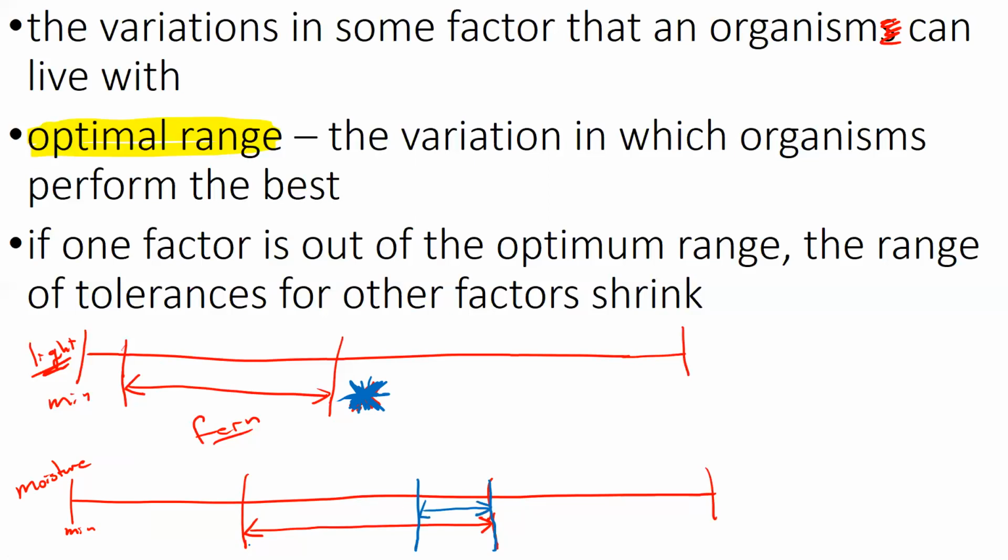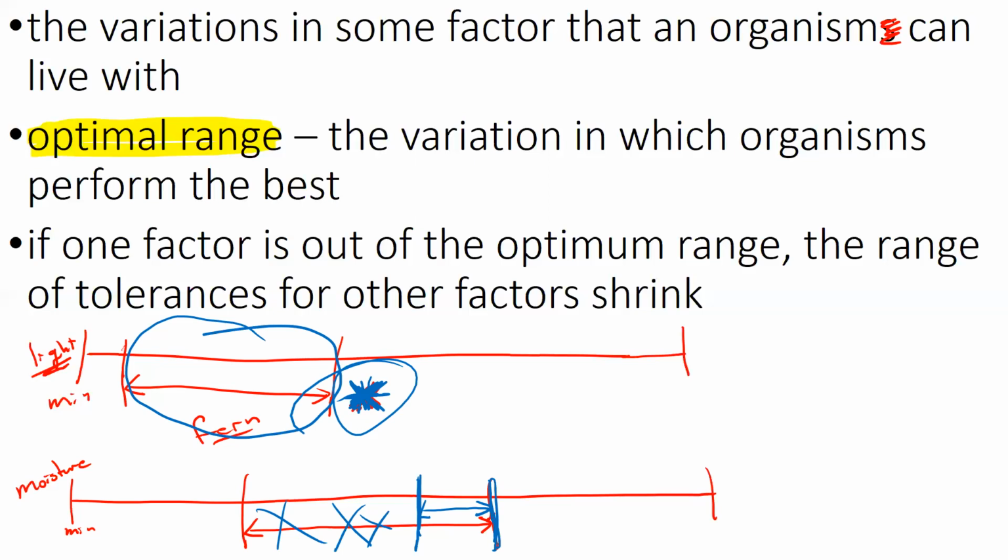And it won't be able to handle what it used to be able to handle if light was in its optimum range. So if one factor is out of the optimum range, like let's say light, the range of tolerance for other factors, like let's say moisture, will shrink.